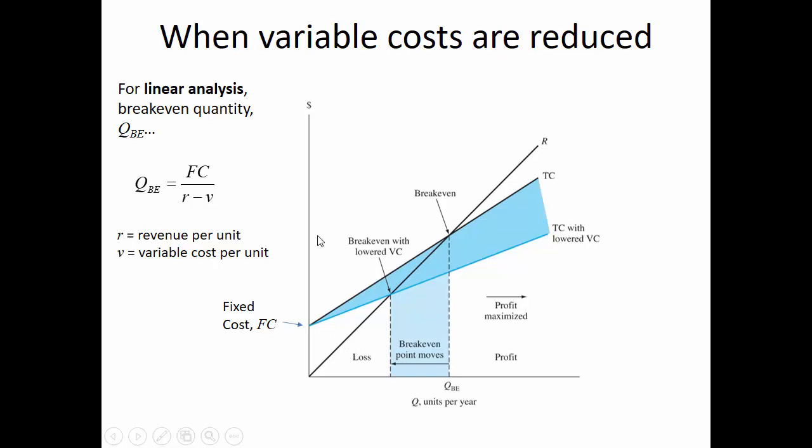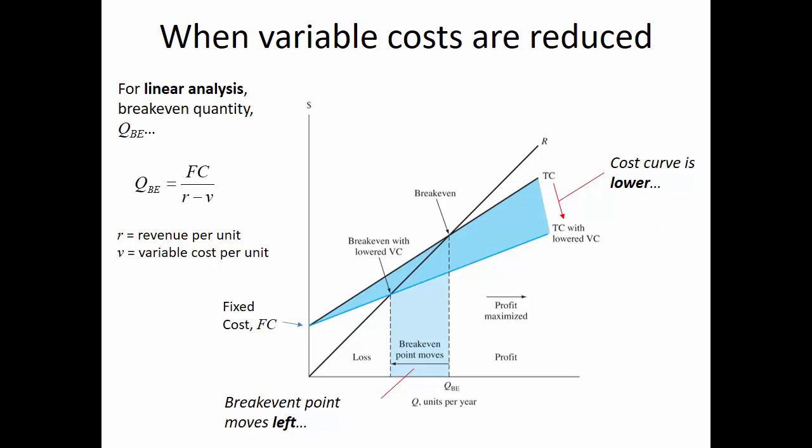Okay, so here's this same formula you've seen before for finding the break-even quantity, and this is if you know the fixed cost, the sales price per unit, so the revenue per unit, and then the variable cost per unit. So if you lower the cost curve, then the break-even point moves to the left. And this is a trend that you're going to have to remember and commit to memory.